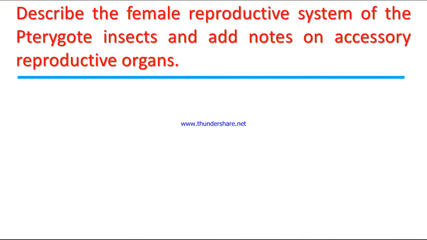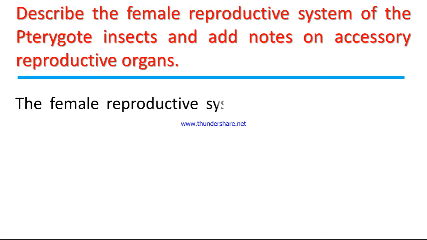Important question of this discussion is: describe the female reproductive system of the pterygote insects and add notes on accessory reproductive organs.